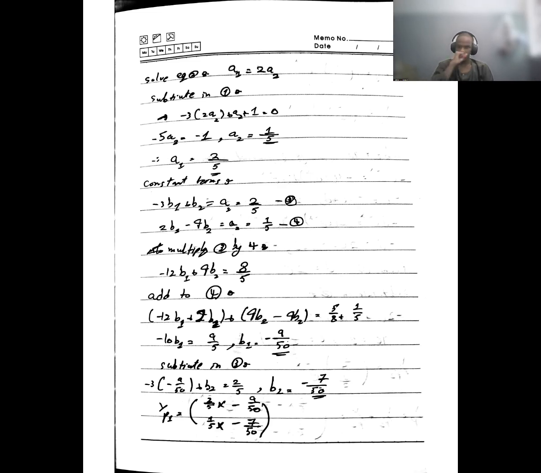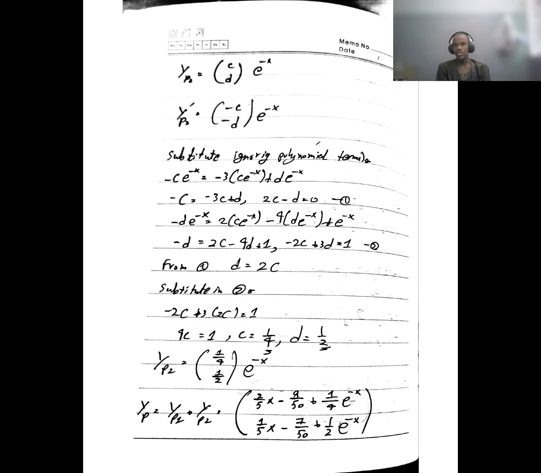We now work through the constant terms equations. We get b equals negative 9 over 50 and d equals negative 7 over 50. For the e to the negative x term in the second equation, we assume yb equals a times e to the negative x for y1 and b times e to the negative x for y2.